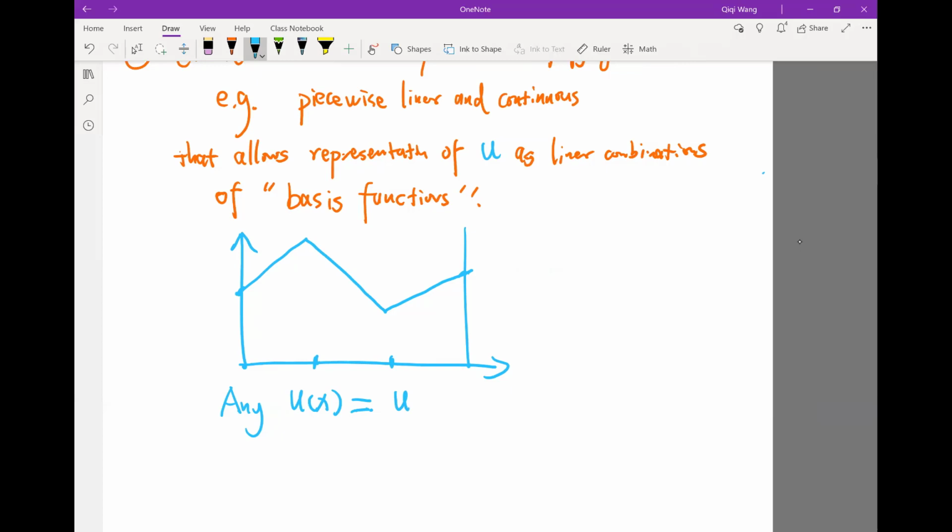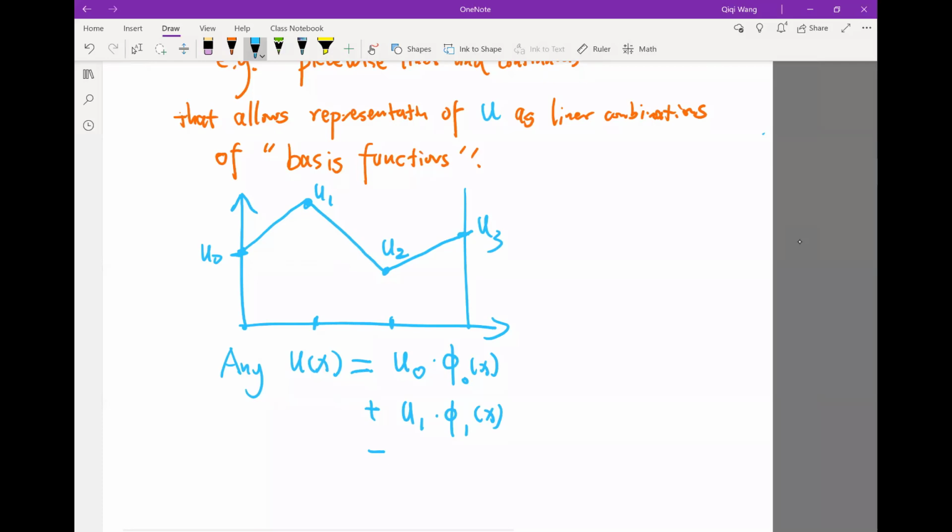It is actually going to be the value of U at 0, which I'm just going to call U0, times phi0 as a function of X, plus U1 times phi1 as a function of X. So basically this value here is U0. This value here is U1. This value here is U2. The y coordinate here is U3. And it goes on. U2 times phi2.